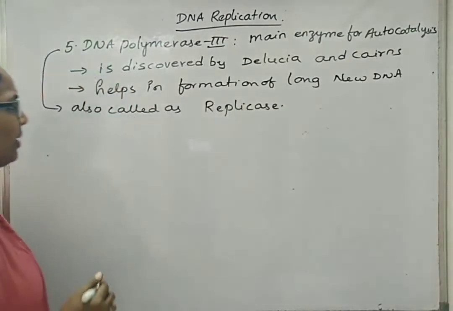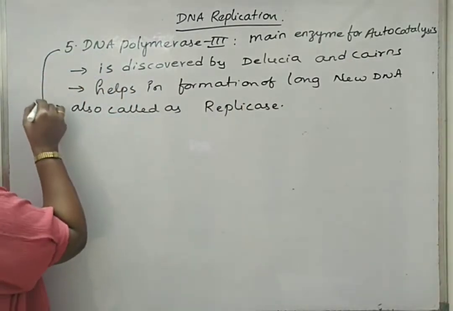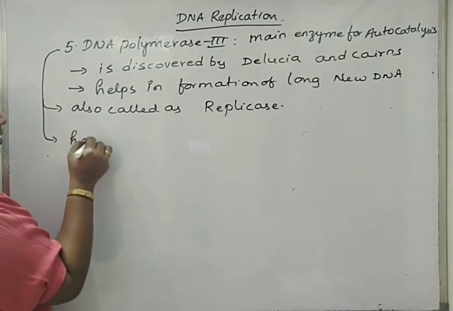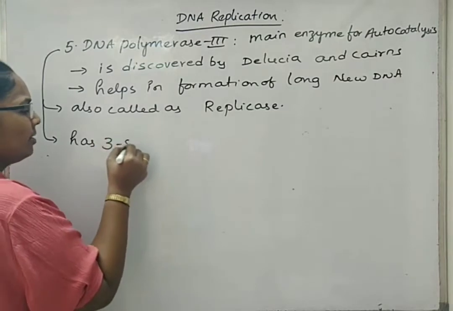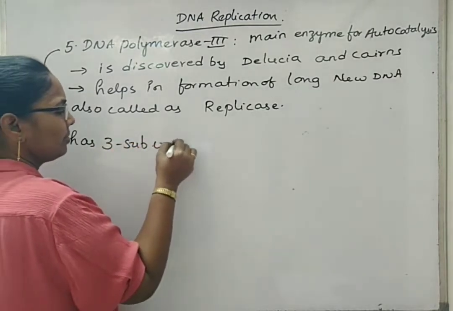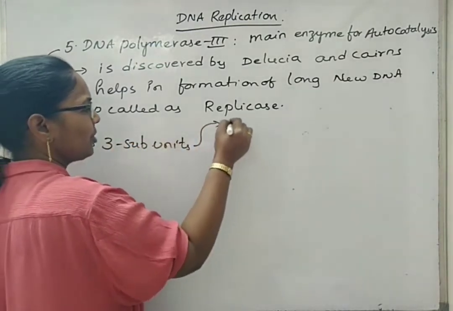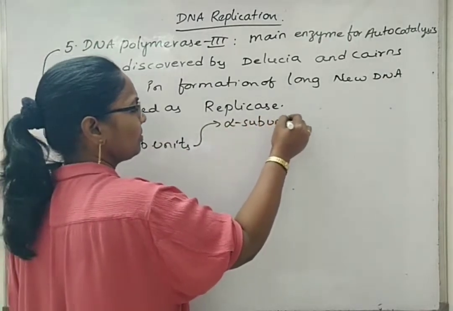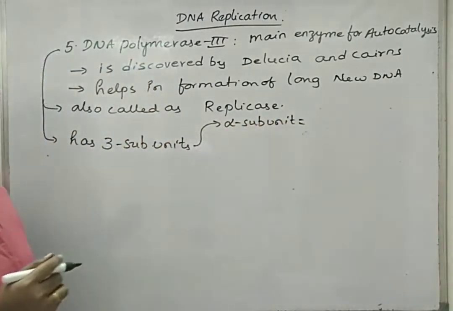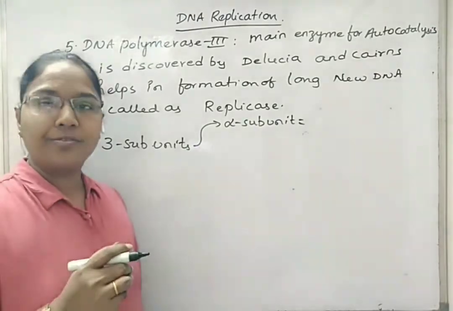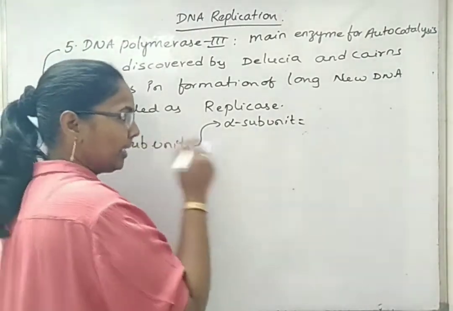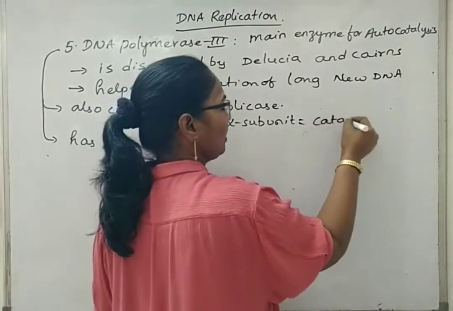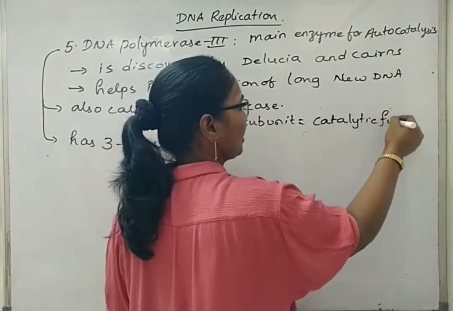This DNA polymerase has 3 subunits or 3 domains in its structure. What are those? First one, alpha subunit. Alpha subunit helps in catalytic function, means addition of nucleotides to the newly forming DNA.